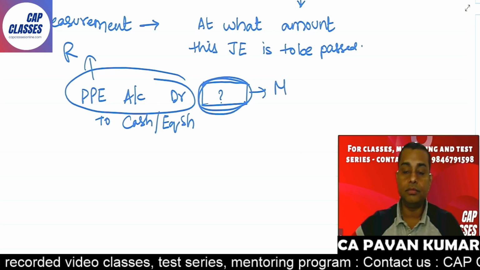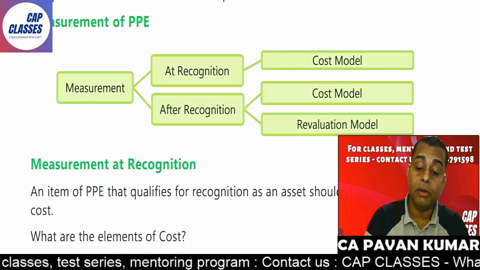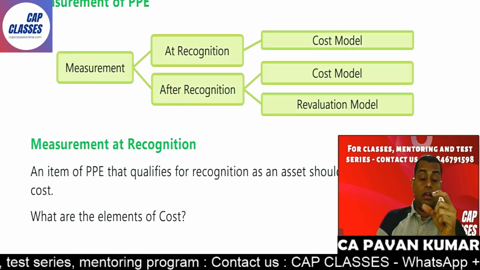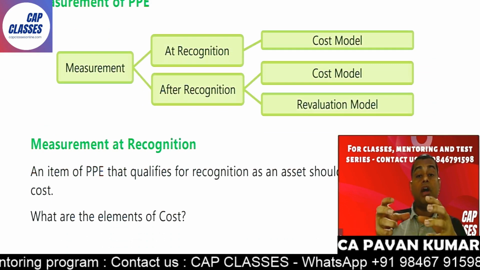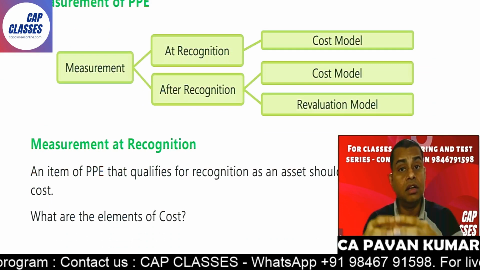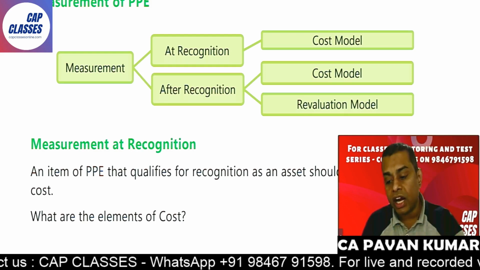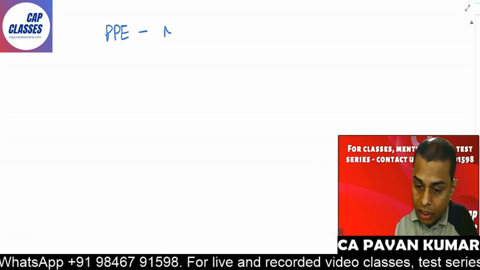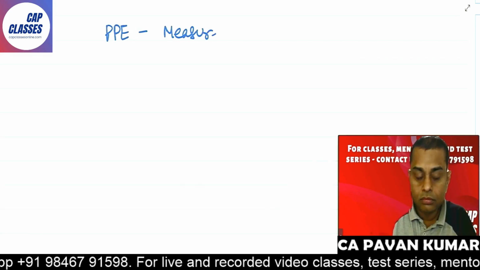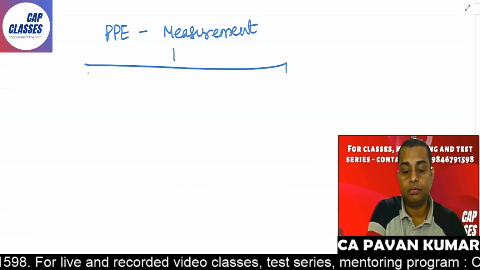You understand? So look here, measurement of PPE. So there are two points where you need to understand measurement. One is measurement at recognition. Second one is measurement after recognition. So put the heading PPE hyphen measurement, from this two arrow marks down.